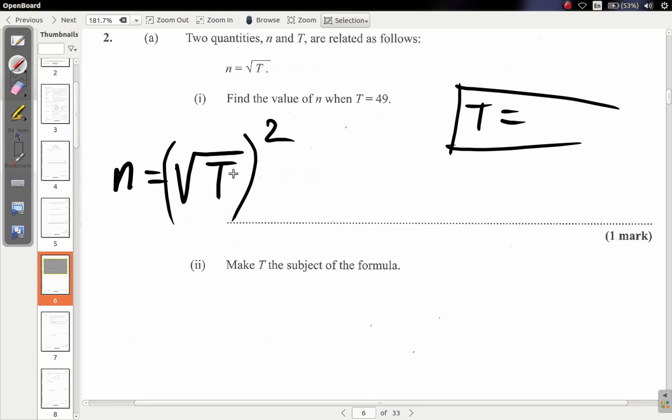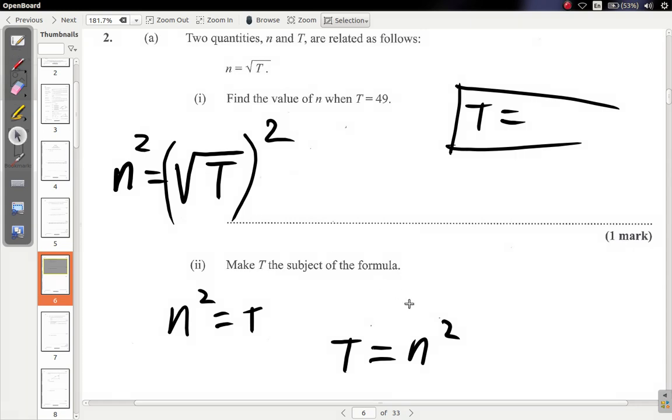And whatever you have under the square root sign is left undisturbed. But if you square the right hand side, you must square the left hand side too. So you want to end up with n squared equals t, and t becomes the subject. So you're going to write as the answer t equals n squared. So that is how it happened there. You see it? Make sure you see it well.